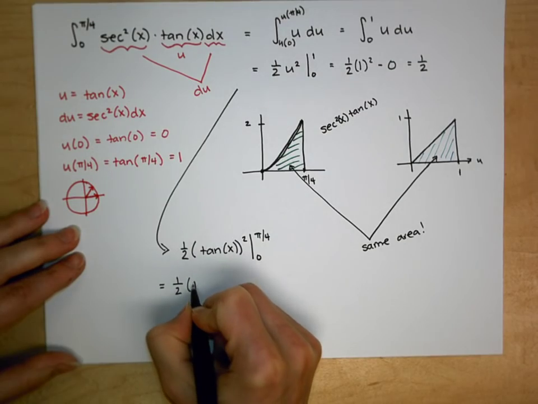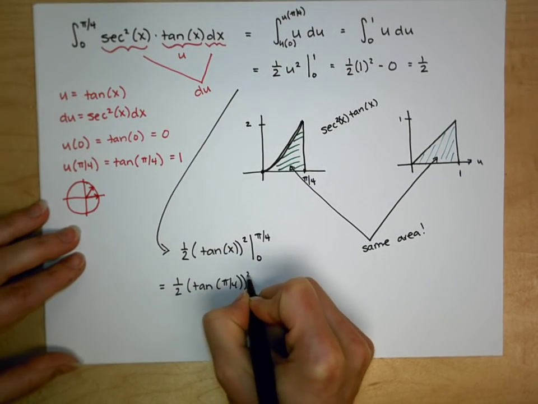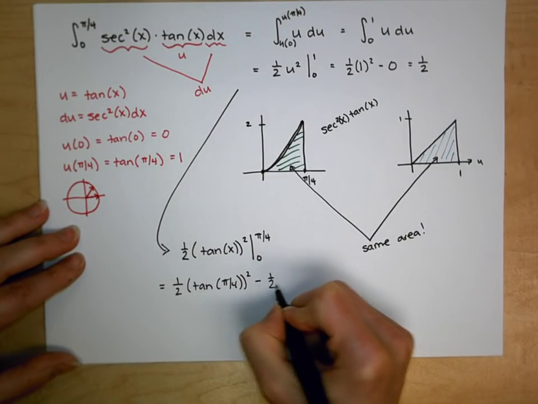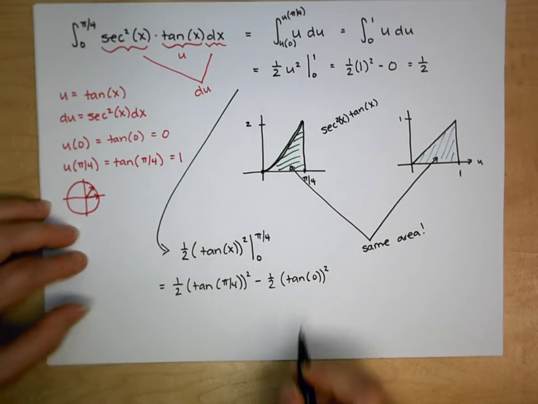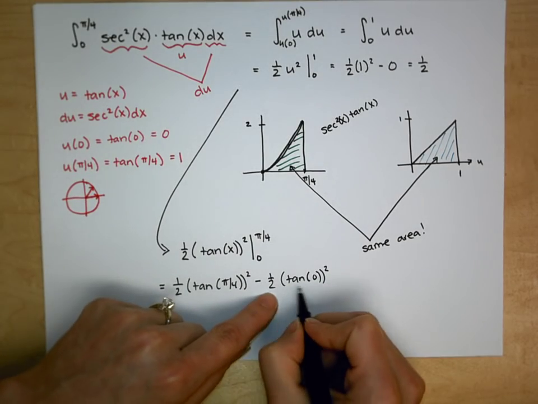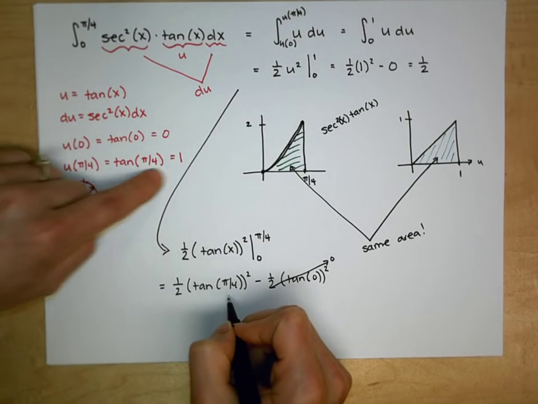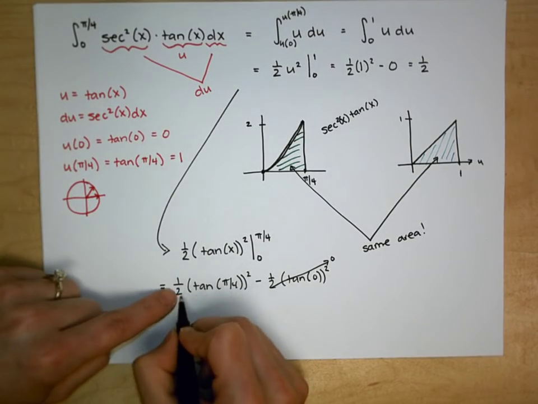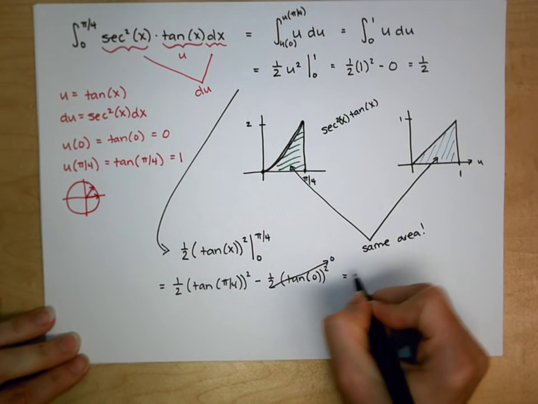I'd take tangent of pi over 4 squared minus plugging in 0. Tangent of 0 is 0, so that part's going to be 0. And tangent of pi over 4, we already did that. It's 1. So I still have 1/2 times 1 squared. Just like I did there, I still get 1/2.